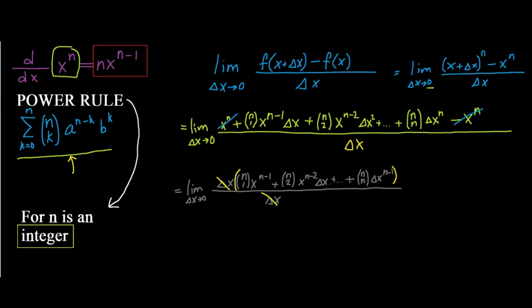Now we're approaching the end here, and I'm just going to write it out again for the last time, and we're going to have the limit as delta x approaches 0, and we're just going to have all of this stuff here.